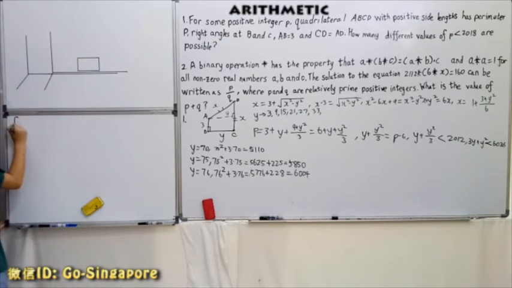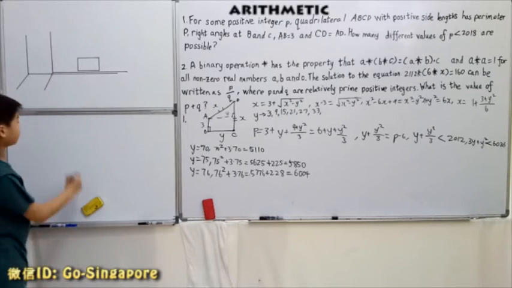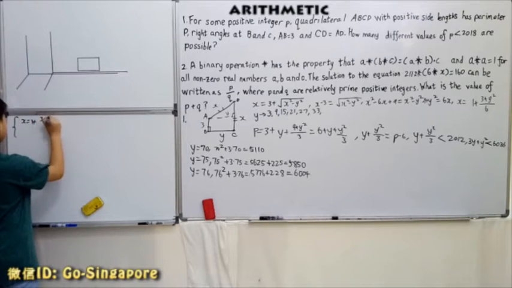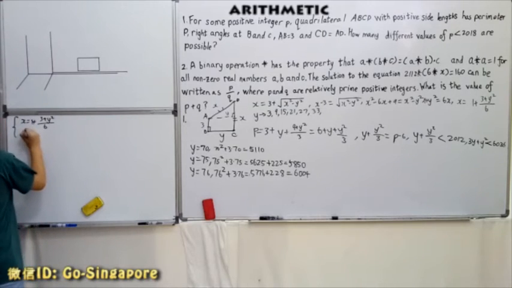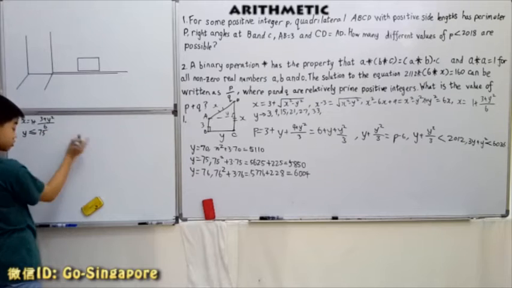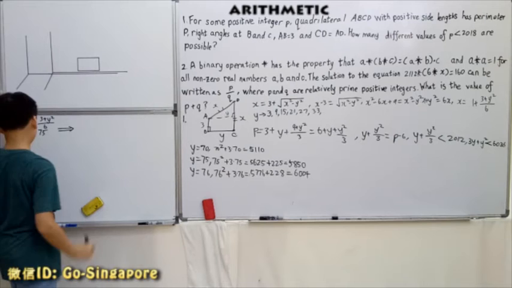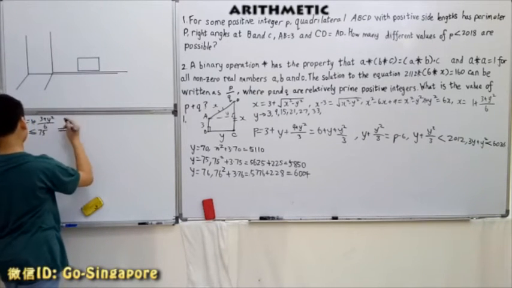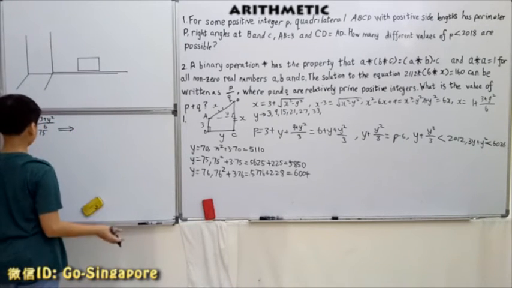So the conditions that we have, we need x equals 1 plus 3 plus y squared over 6, and also y must be smaller or equal to 75, because we need it to be divisible by 3. So y must be bigger or equal to 3.